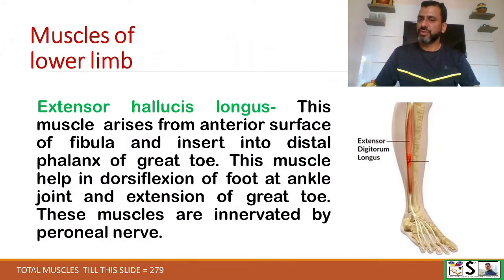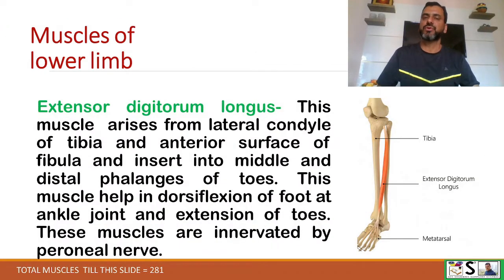Extensor hallucis longus. This muscle arises from anterior surface of fibula and inserts into distal phalanx of great toe. This muscle helps in dorsiflexion of the foot at ankle joint and extension of great toe. These muscles are innervated by peroneal nerves.